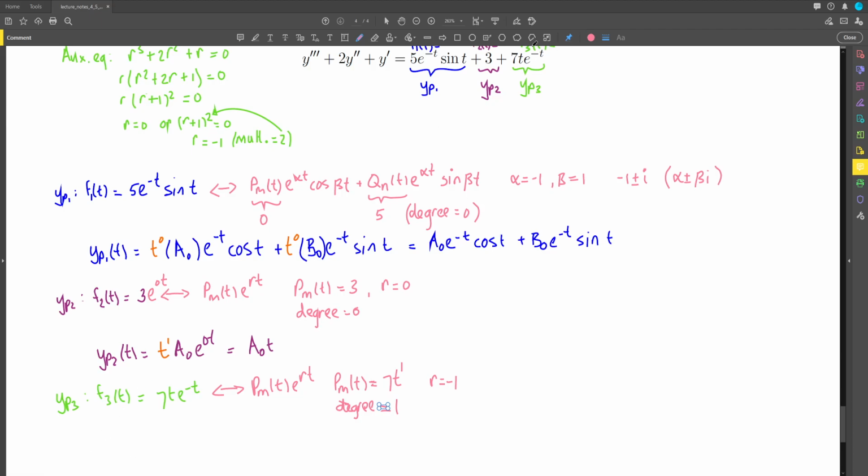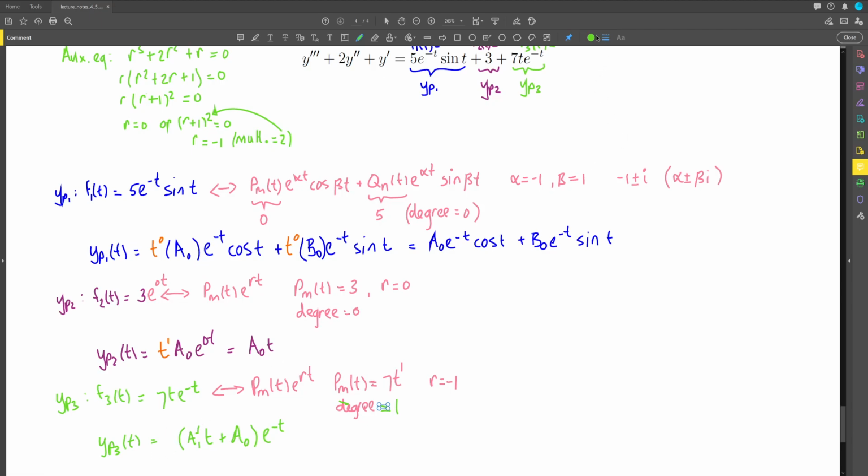And so our particular solution will look something like this. Yp3 of t is a power of t times a general polynomial of degree 1, which looks as follows: a1t plus a naught, and then e to the power negative t.